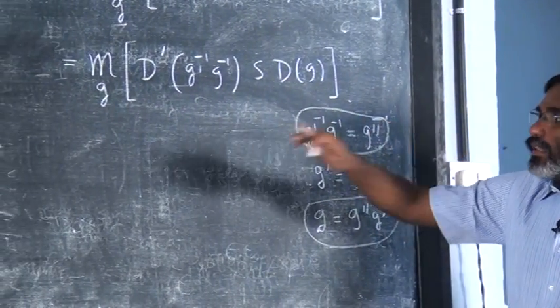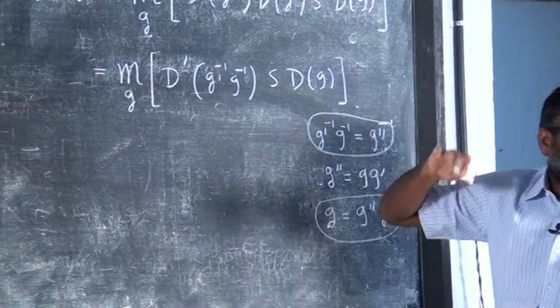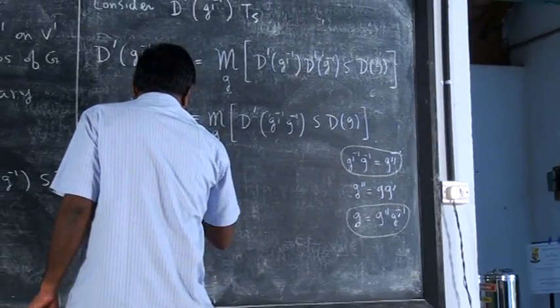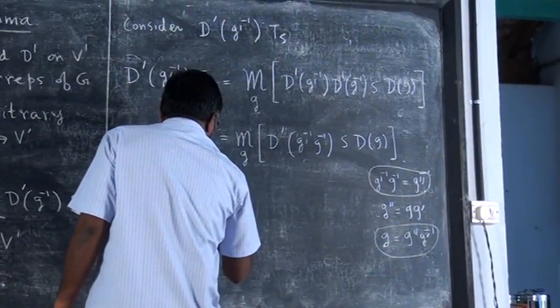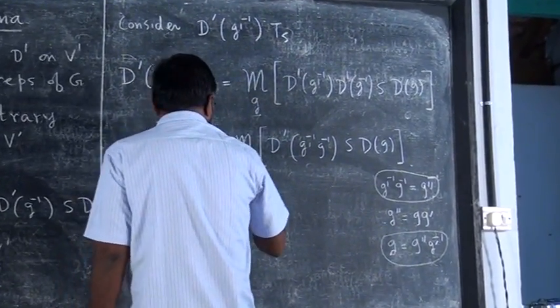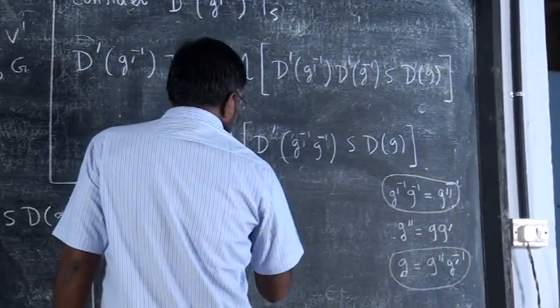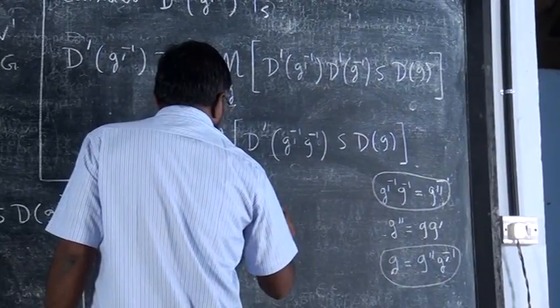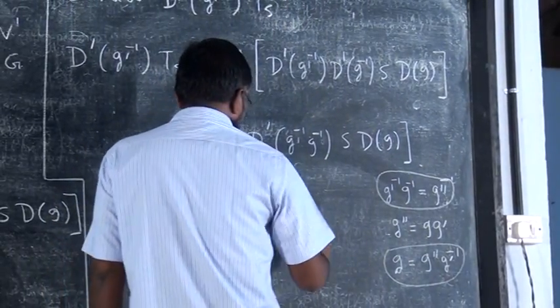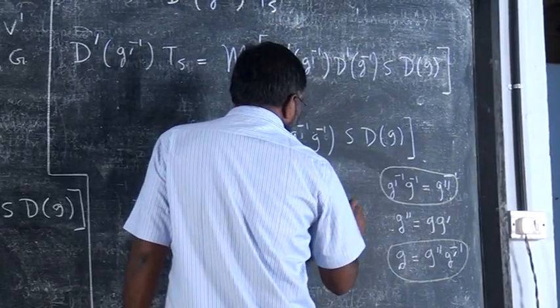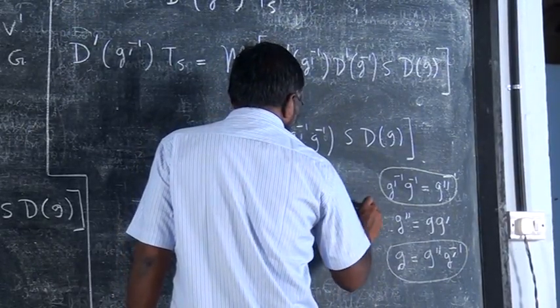So this g is dummy, instead of g I can put g double prime. So this will be equal to the mean over g double prime of D prime of g double prime inverse S and D of g double prime g prime inverse.